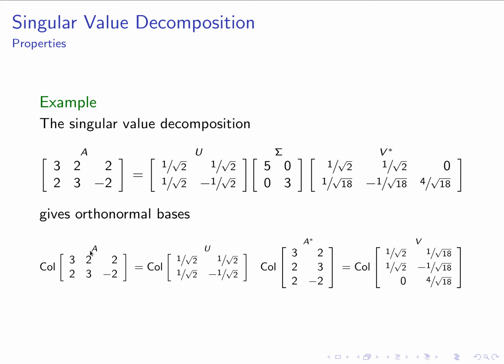The column space of A has an orthonormal basis given by the columns of U. So here the column space of A is the same as the column space of U, but the idea is that U has orthonormal columns, so this basis is maybe more convenient to work with. Same goes for A star. The column space of A star is the same thing as the column space of V, but V is a more desirable matrix to work with because its columns are orthonormal.